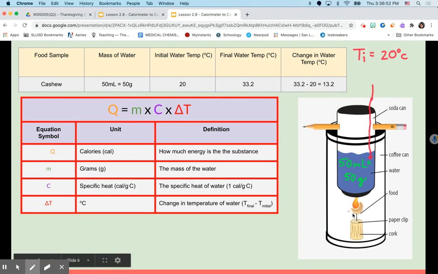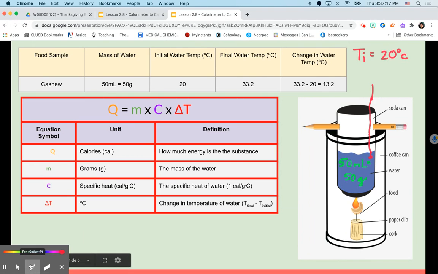So no matter what I'm burning in terms of the food item, I'm always going to transfer all of that energy into the water because it's just easier to calculate mathematically since we know the specific heat of water, right? But we might not know the specific heats of the food that we're using because there are just so many ingredients in it. All right.